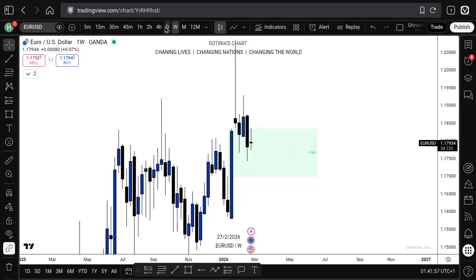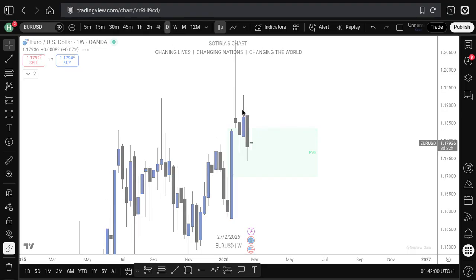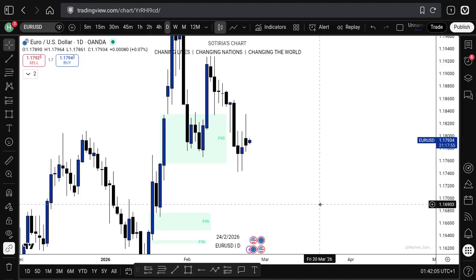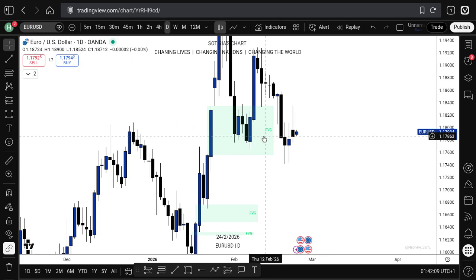So over to the daily time frame. If we move over to the daily time frame, we can see something right here. We see that price created this last week and failed.